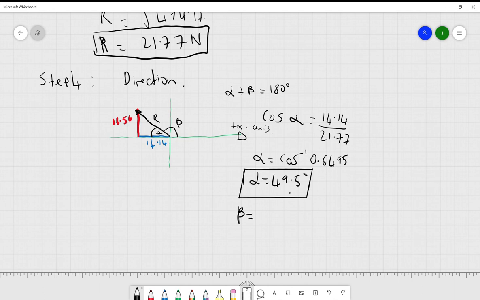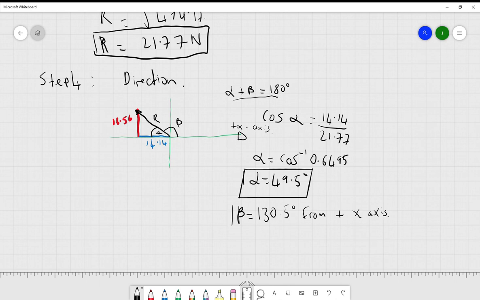So beta equals, in this case, 180 minus 49.5, because it is substituting it into this equation here. Beta equals 180 minus alpha. So you get beta to be 130.5 from the positive x-axis.